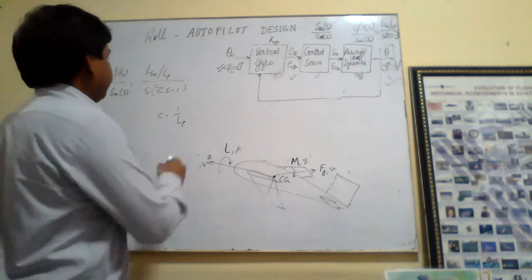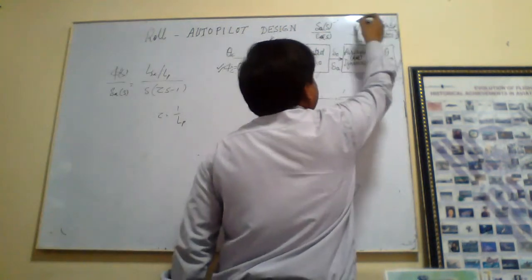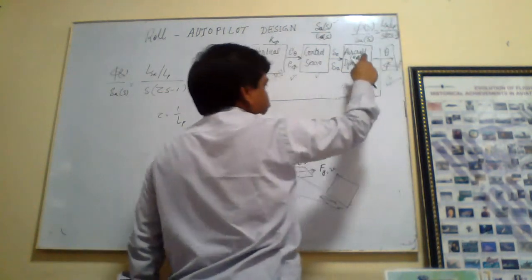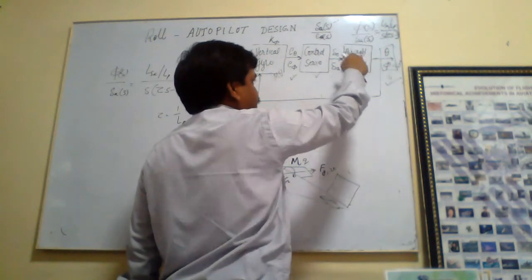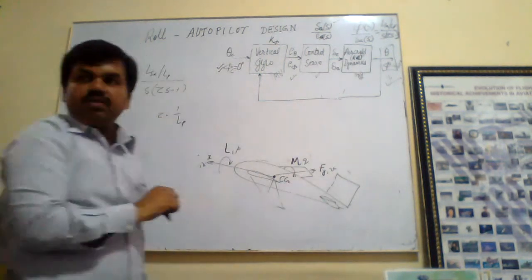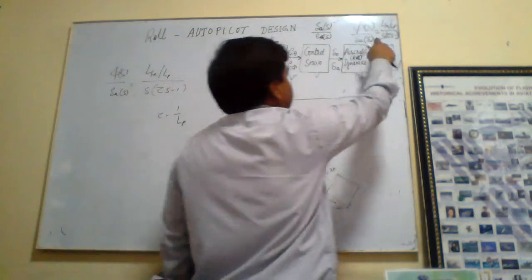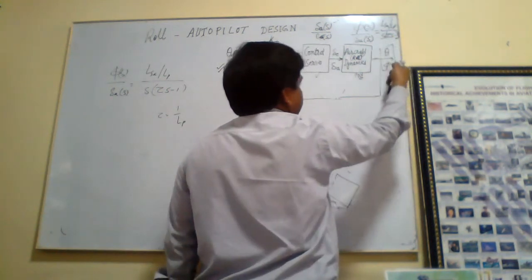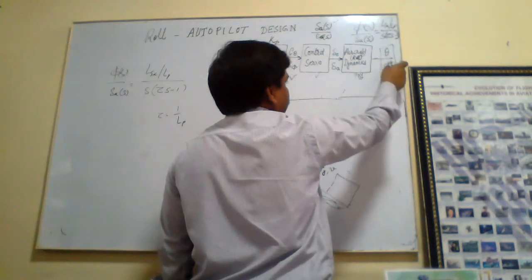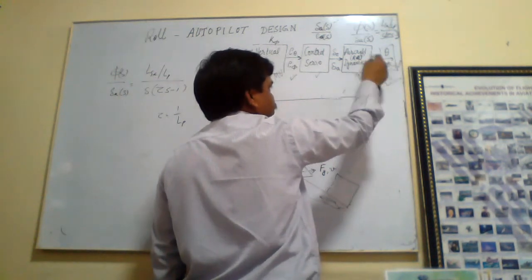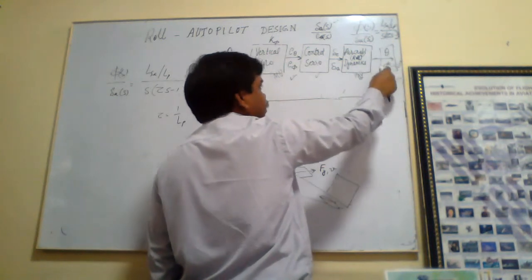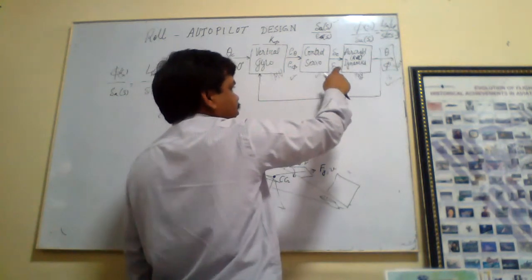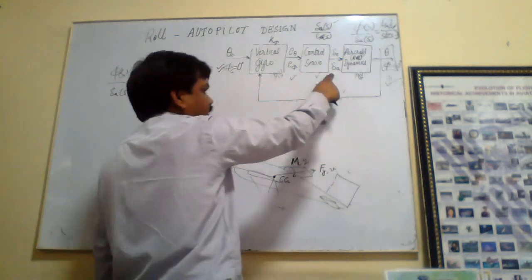From our previous lecture, we have already found this relation, which is the transfer function of aircraft dynamics. It is the ratio of the Laplace transform of the output of the aircraft dynamics block, which is bank angle, and the input of this block, which is aileron angle.